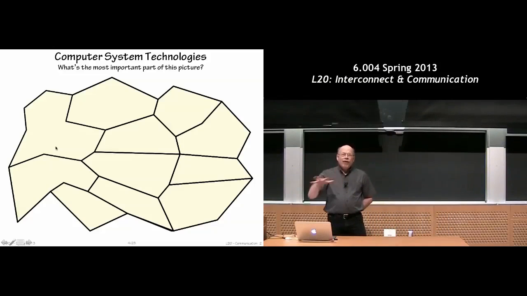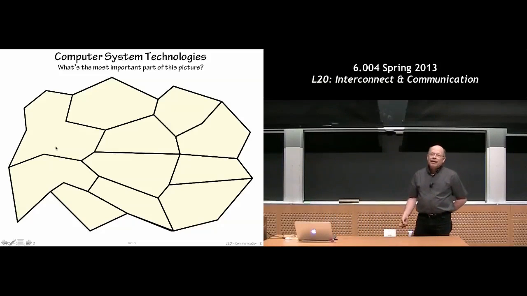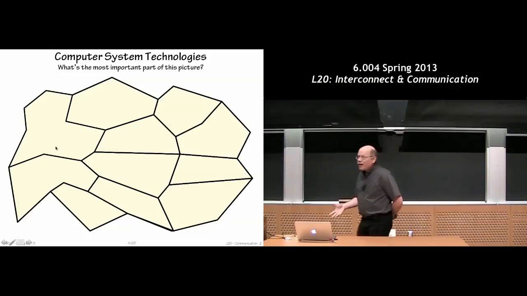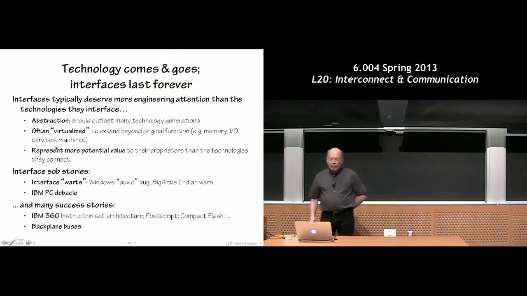The basic software is unchanged, even though we've gone from 1 gigabit Chaosnet to 10 gigabit Ethernet to 100 gigabit Ethernet to 1,000. We keep changing all the different technologies, and yet a lot of the systems remain unchanged. And so that's really a key part.